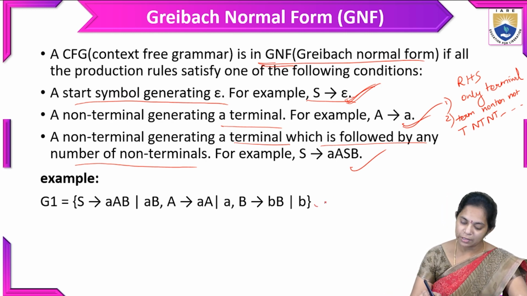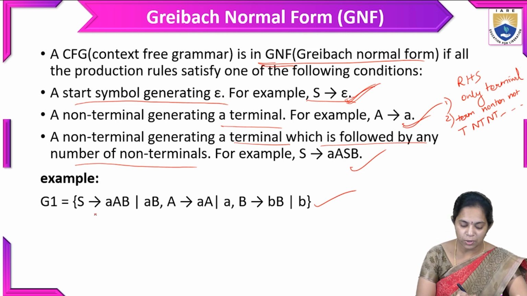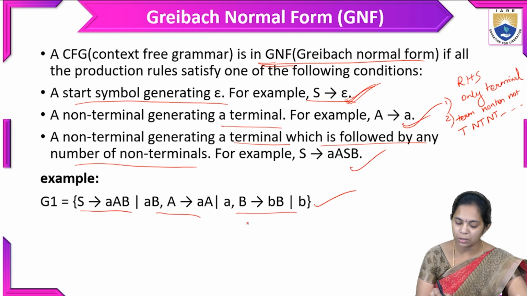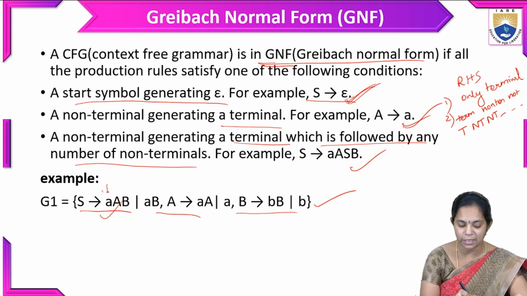And here we will take an example, Z1, a grammar. These are the production rules. The first is S tends to capital A, capital B. We will check whether the right-hand side of these production rules satisfies the conditions or not.